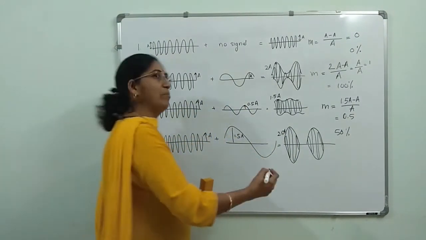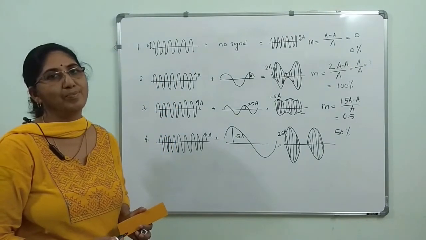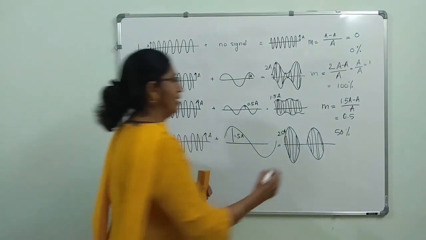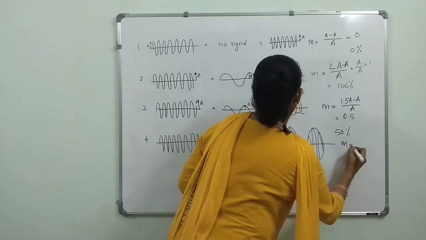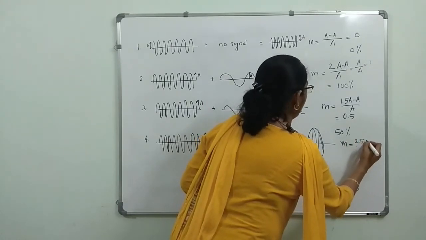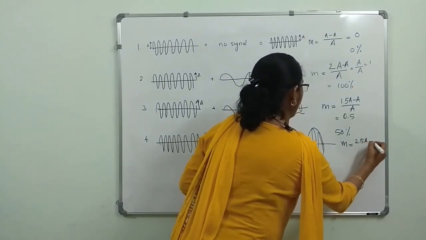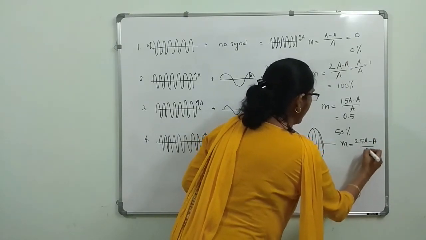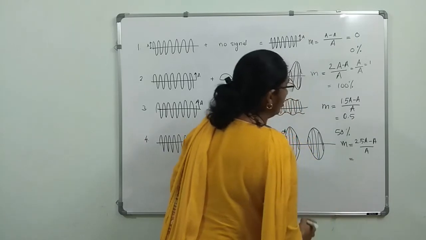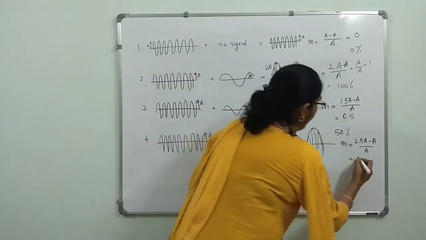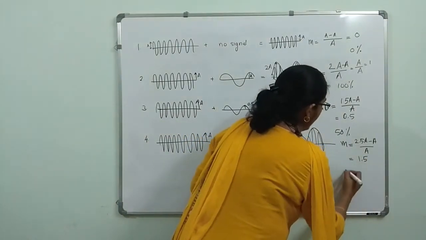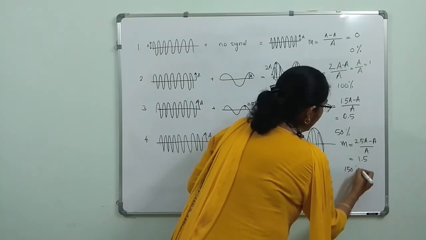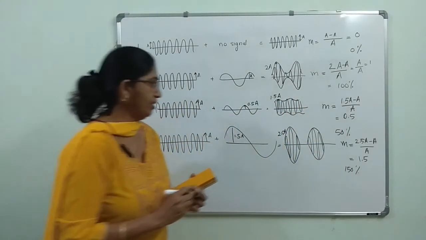Now calculate and tell me what is the modulation factor. M equal to 2.5A minus A divided by A. So this comes to how much? 1.5. So 150% is the modulation.